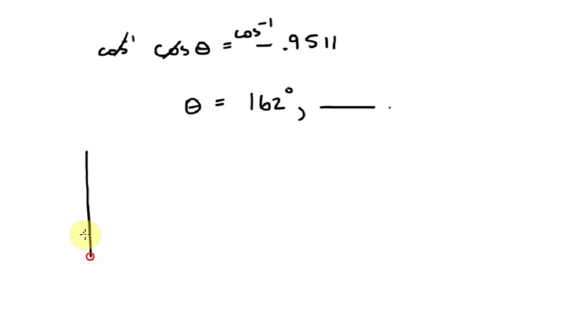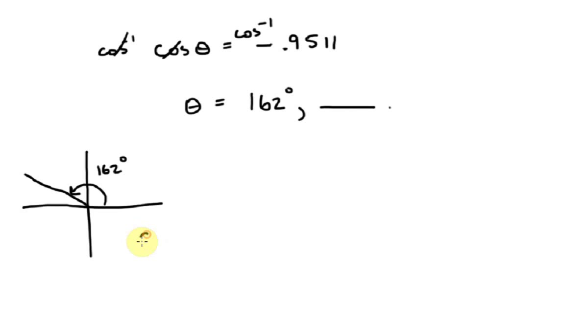So let's go to the grid. Whoops. Let's see if I can do a straighter line than that. That was, okay, a little bit better. Okay, so the calculator has given us 162 degrees, which is a little bit shy of 180. So it's something like that. So there it is, 162 degrees.